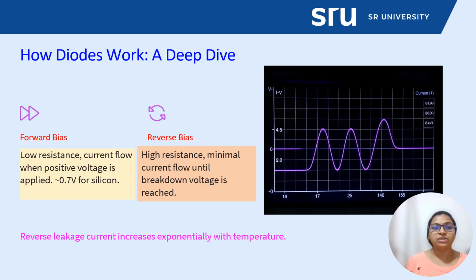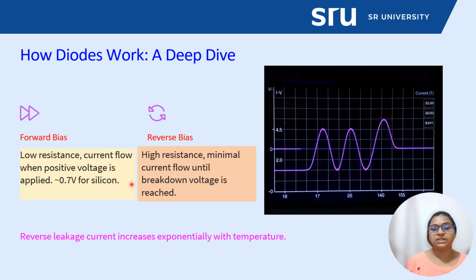So how does this diode work? What is the difference between forward and reverse bias? In forward bias, the resistance is low, the majority current flows when a positive voltage is applied. For silicon it is around 0.7 volt.